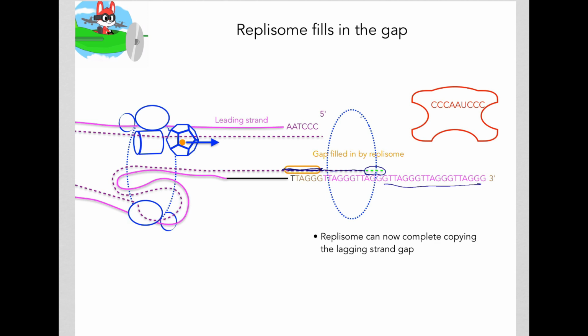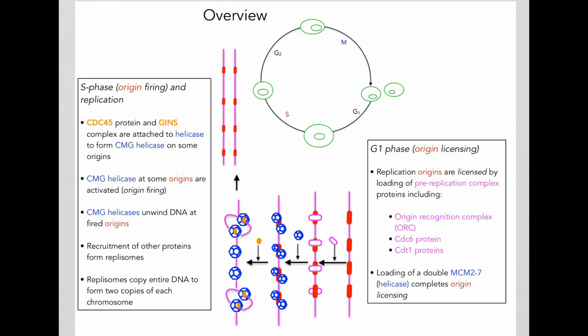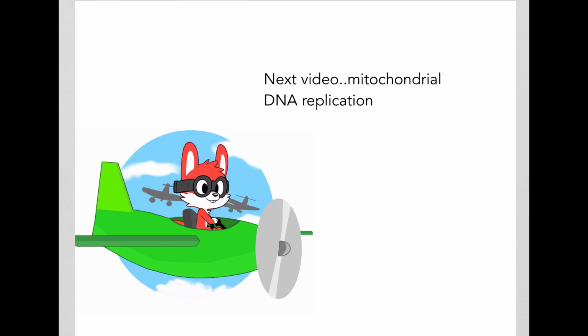So in this way, the replisome can now complete copying the lagging strand gap. So this is how one chromosome in the nucleus is copied to form two chromosomes, and this is what happens in the synthesis phase of the cell cycle. In the next video, we shall discuss mitochondrial DNA replication.